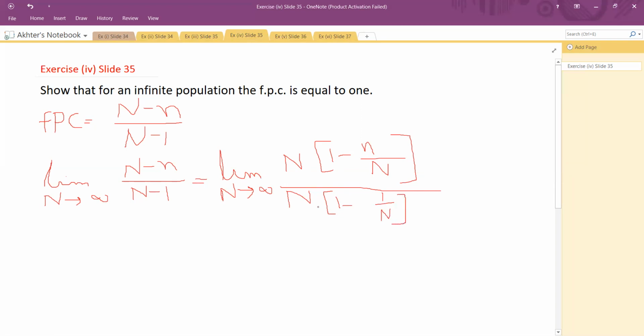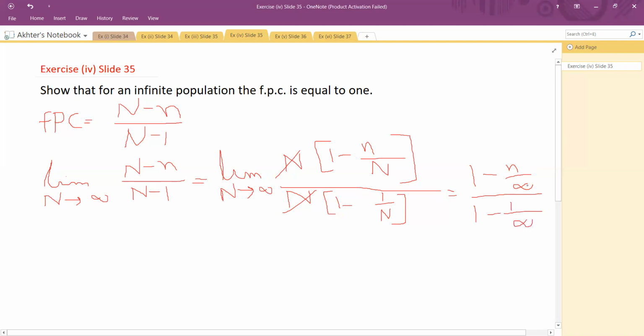If we cancel out these two N and then use the substitution technique, the result will be equal to 1 minus n upon infinity divided by 1 minus 1 upon infinity.